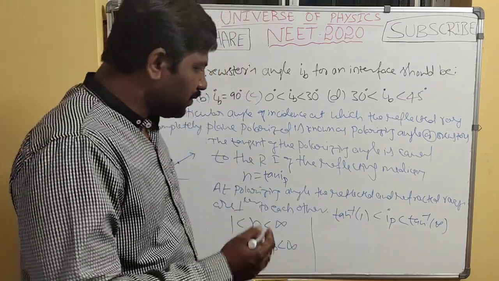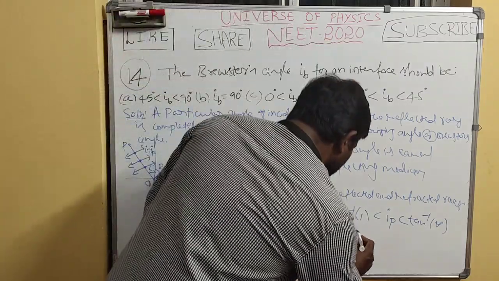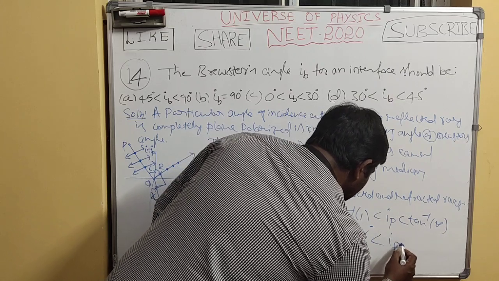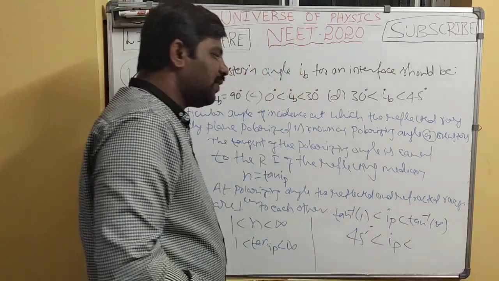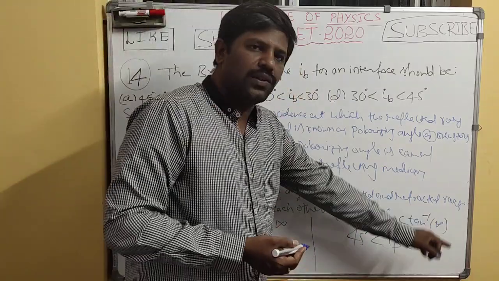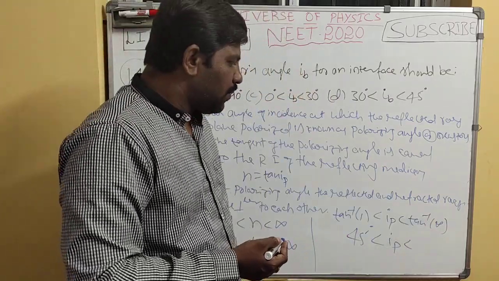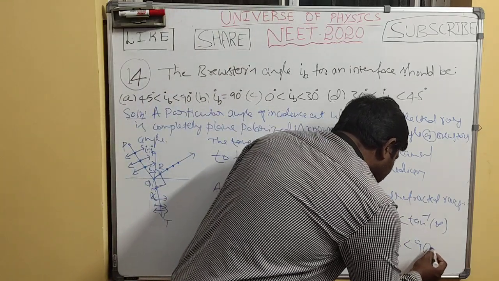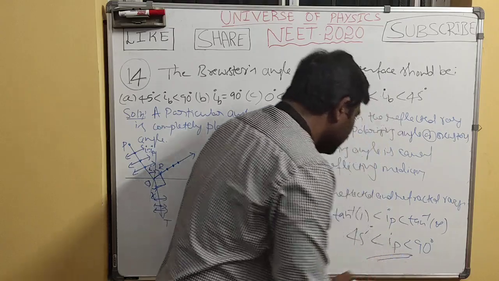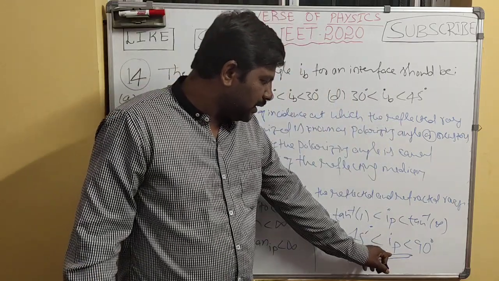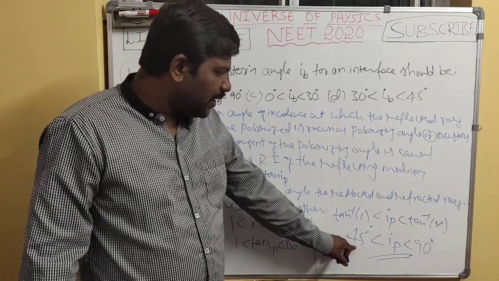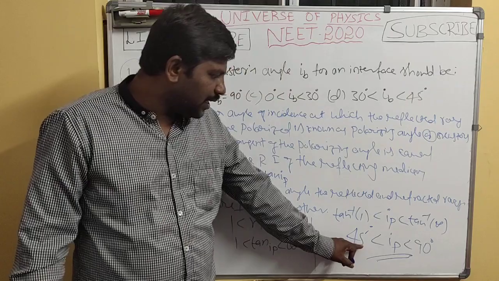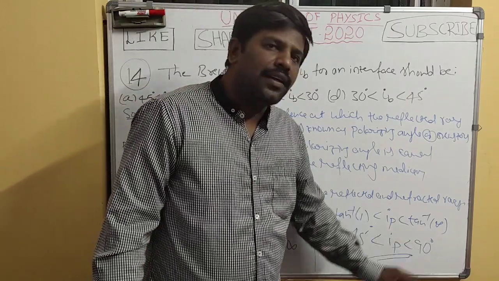That is 45 degree, which is less than IP. And tan inverse of infinity is tan of which angle is equal to infinity? So tan 90 is equal to infinity, so we can write 90 degree. So here the polarizing angle is always greater than 45 degree and less than 90 degree.